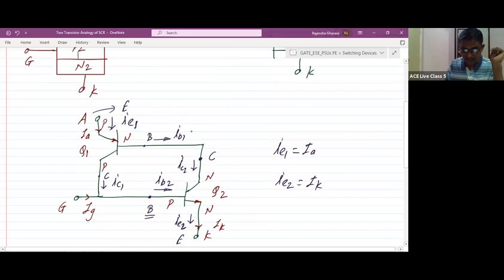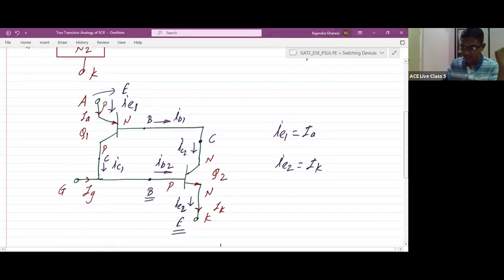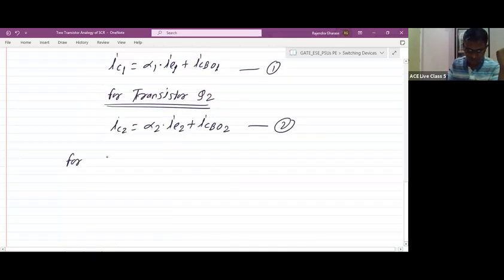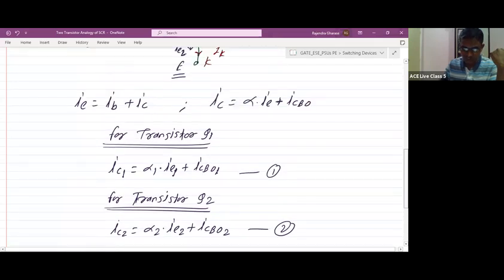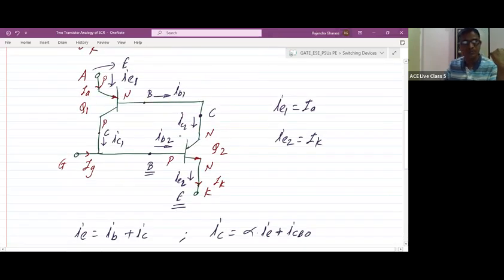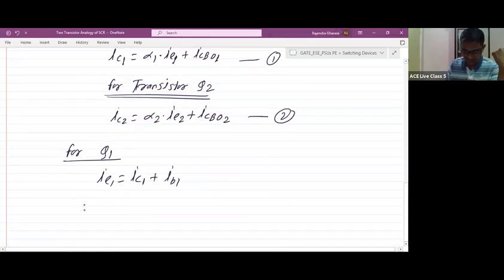So for transistor Q1, we can write IE1 is equal to IC1 plus IB1, but IB1 is IC2 only. Therefore IE1 is equal to IC1 plus IC2.